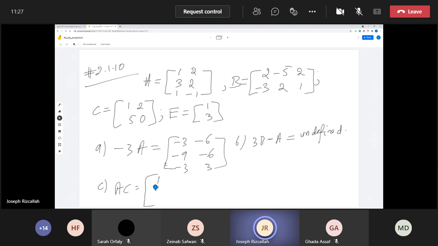A is 1, 2, 2, minus 1 and C is 1, 2, 5, 0. Now let me look at the size of the product. Since the first matrix has 3 rows and the second one has 2 columns, the product is going to be 3 by 2. So I need to prepare a 3 by 2 matrix.